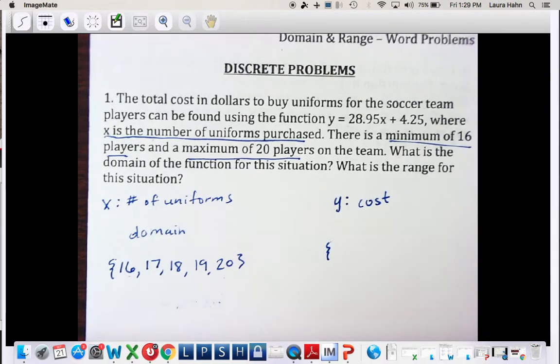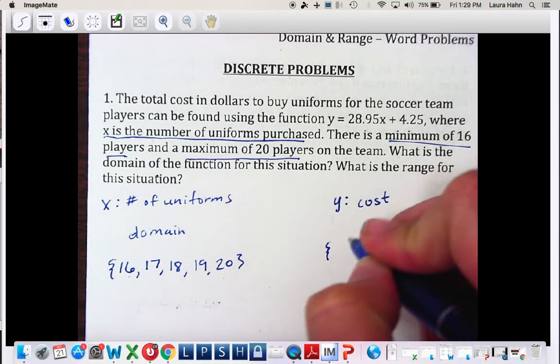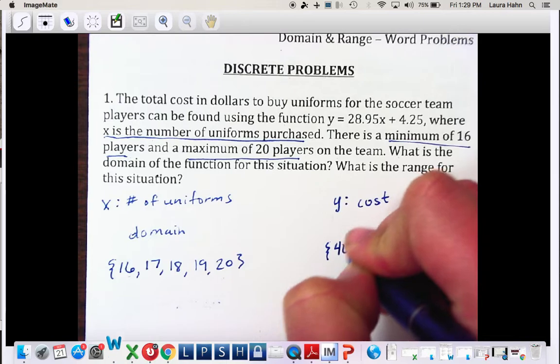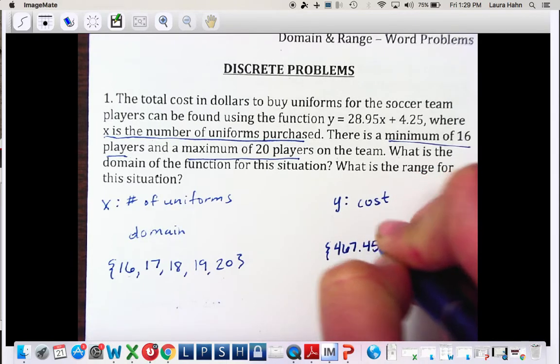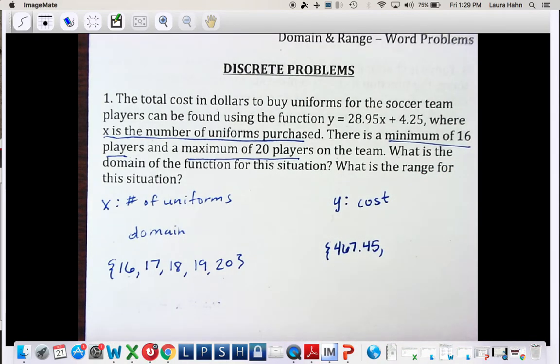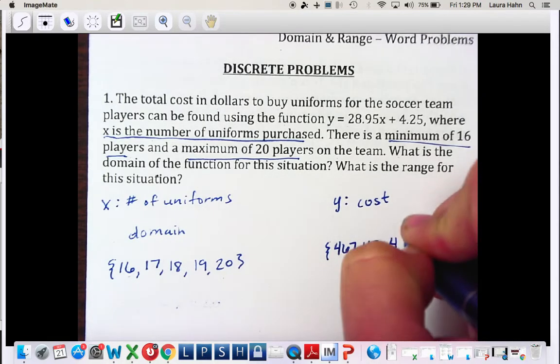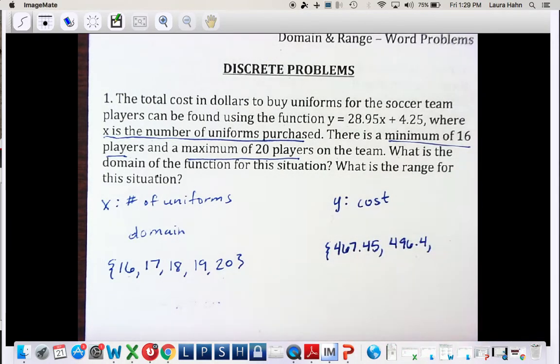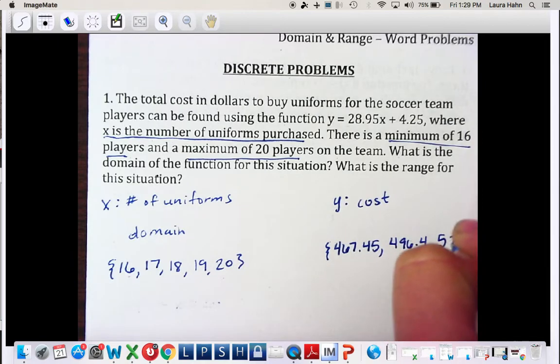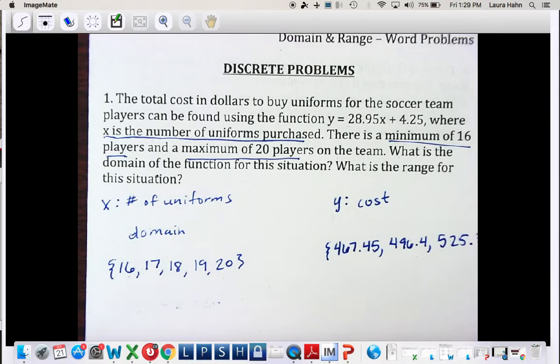So if I had 16 uniforms, it would cost me $467.45. Now I'm going to list for 17. 18. I'm going to continue underneath because I'm running out of space.